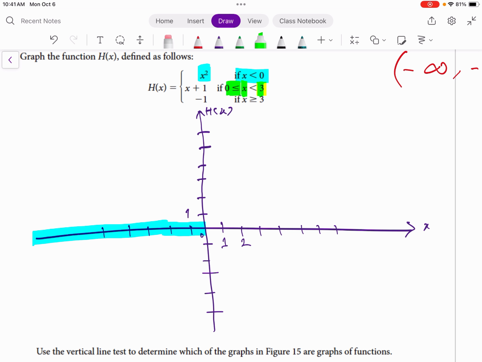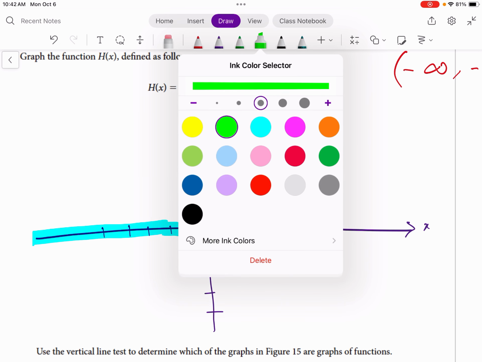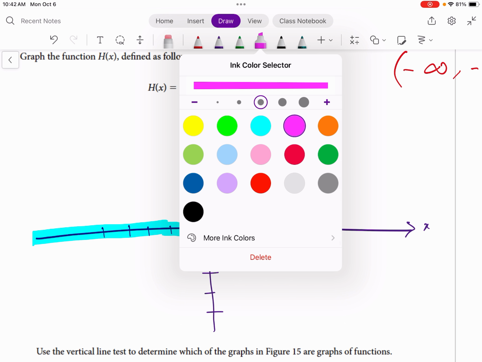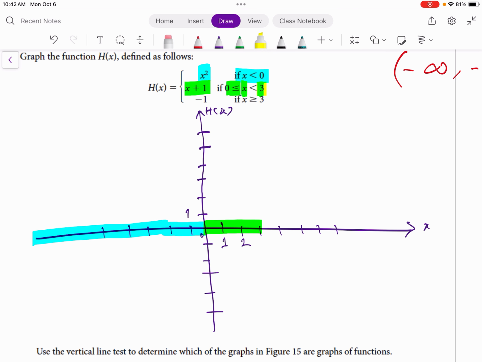From 0 to 3, we will have one graph here, and that graph is given by x plus 1. And the next part is x greater than or equal to 3. Every number equal to 3 or greater than 3, we will get one graph here, and that graph is given by negative 1.